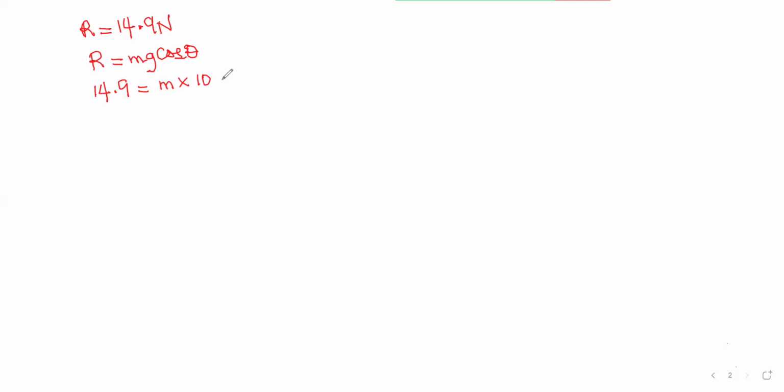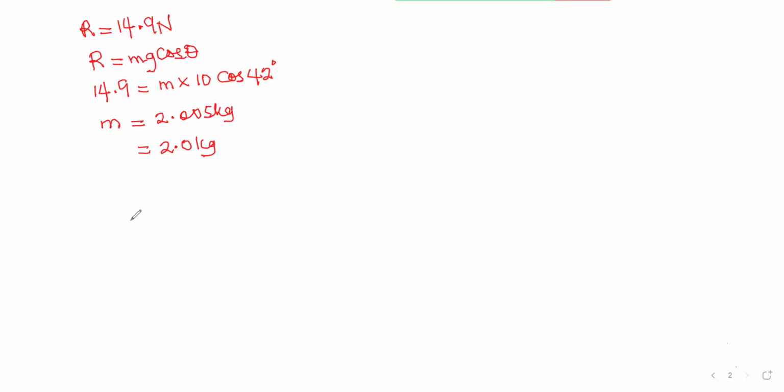Then the angle of inclination is 42, so cos of 42. The rest is mathematics. m must be equal to 2.005 kilogram, approximately 2.0 kilogram. All right, so I think those answers you shared are all correct.